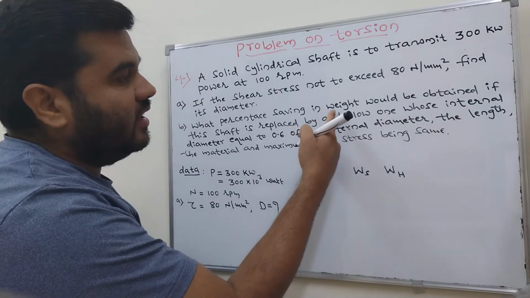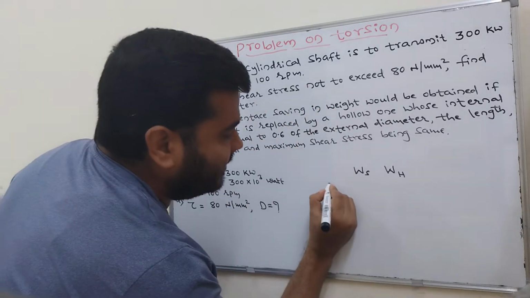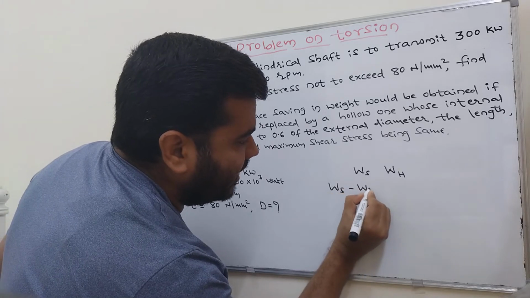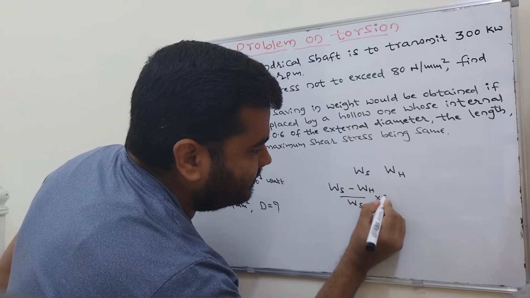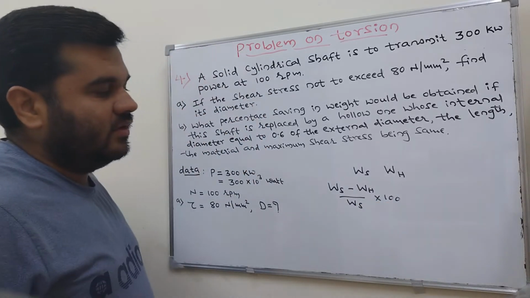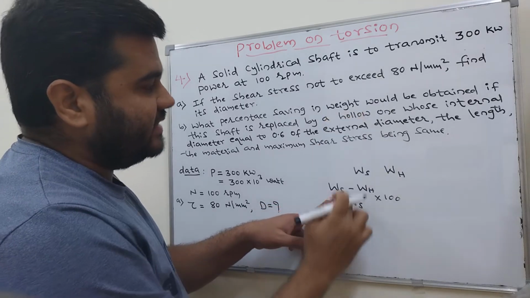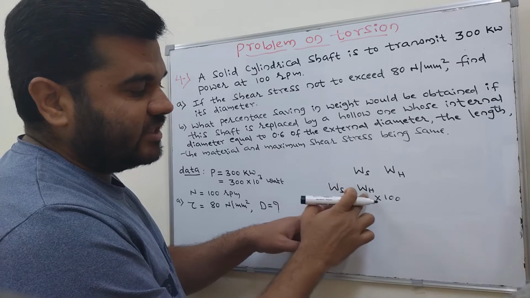So he is asking percentage saving in weight. So I will write weight of solid shaft minus weight of hollow shaft divided by weight of solid shaft, right, into 100. So this is the percentage of weight I can save if the solid shaft is replaced by a hollow shaft.